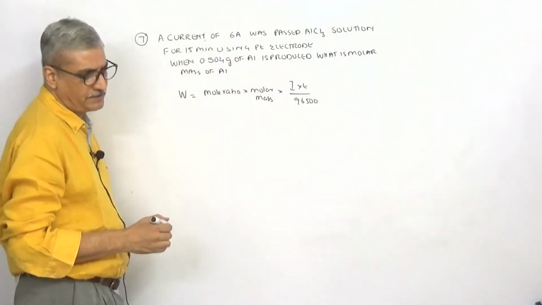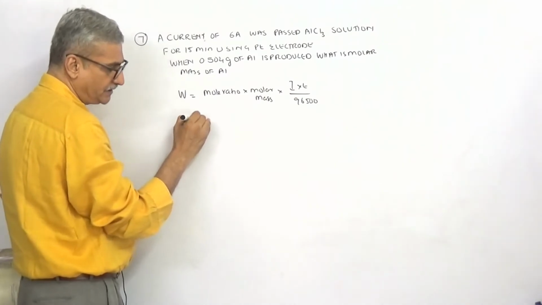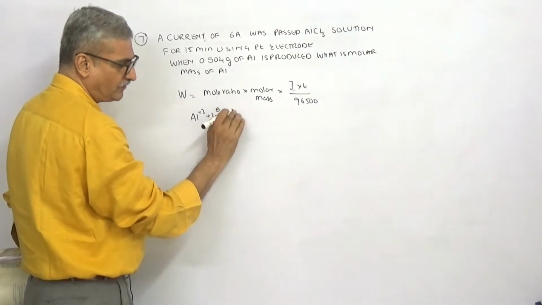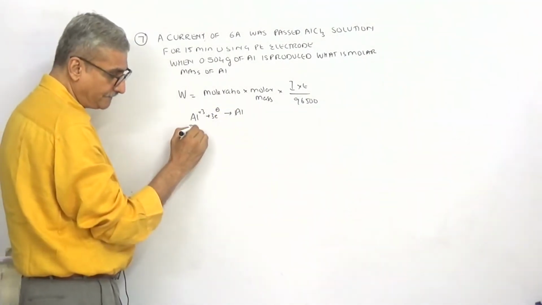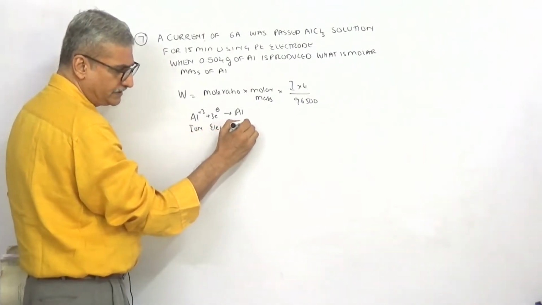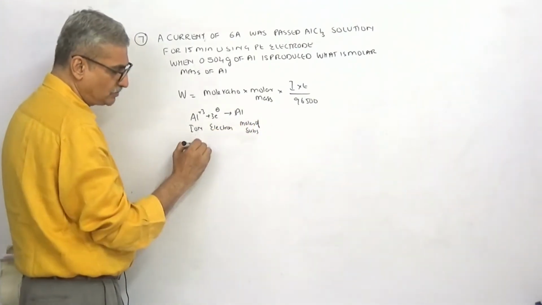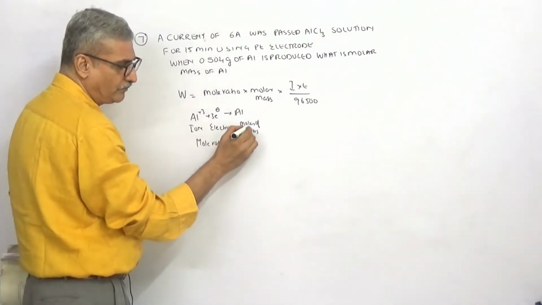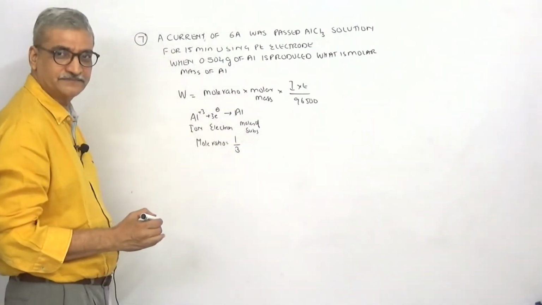If I write the reduction reaction, Al3+ plus 3 electrons forms Al. This is ion, this is moles of electron, and this is moles of substance. So mole ratio will be mole of substance 1 upon mole of electron 3, 1 by 3.